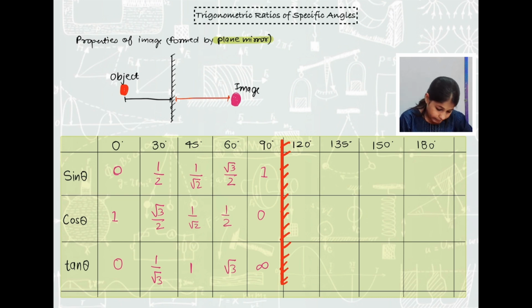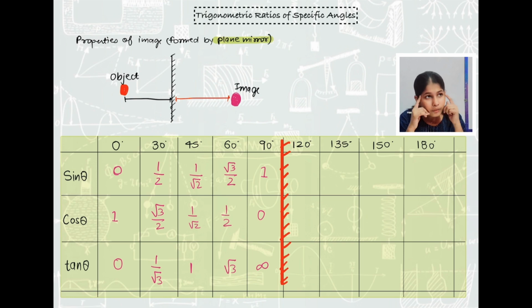And as you can see, whatever the distance from the object is, it will be the same in the case of the image also. So you just have to imagine, you just have to visualize this table. Okay? Because I can see it here visually on the screen.